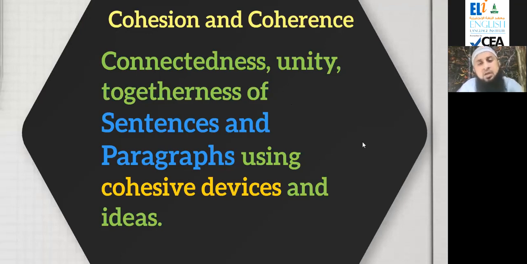Okay, cohesion and coherence, the connectedness, coherence and cohesion. We will learn about what coherence and cohesion is. Connectedness, unity, togetherness of sentences and paragraphs, using cohesive devices and ideas. This is what they both mean.